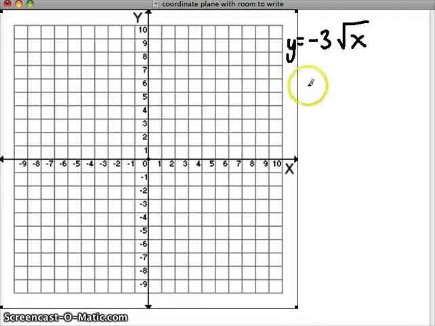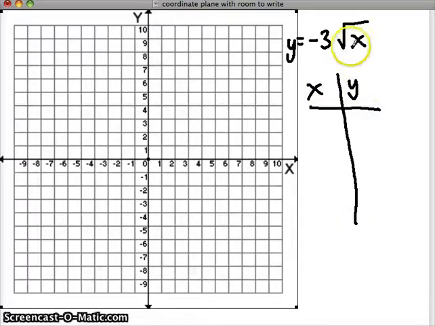So we'll keep it simple to start with. If we plug in 0, we get the square root of 0. 0 times -3 is 0. So 0, 0 is a point on our graph. Let's try 1. Square root of 1 is 1 times -3 is -3.